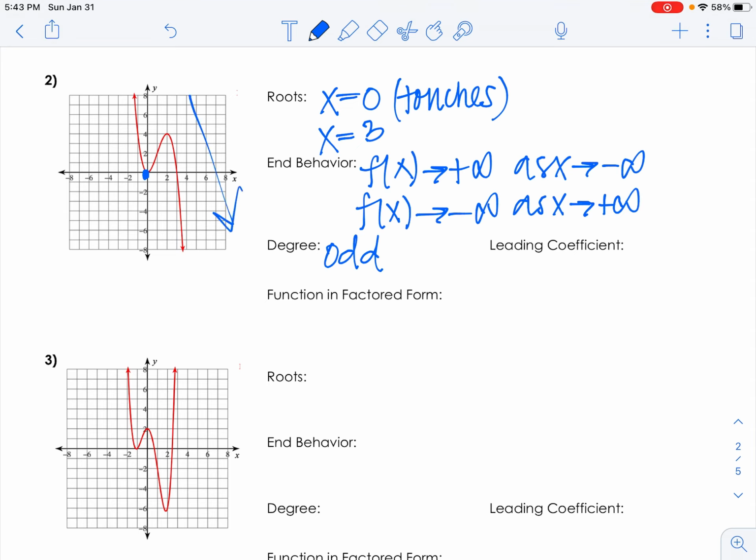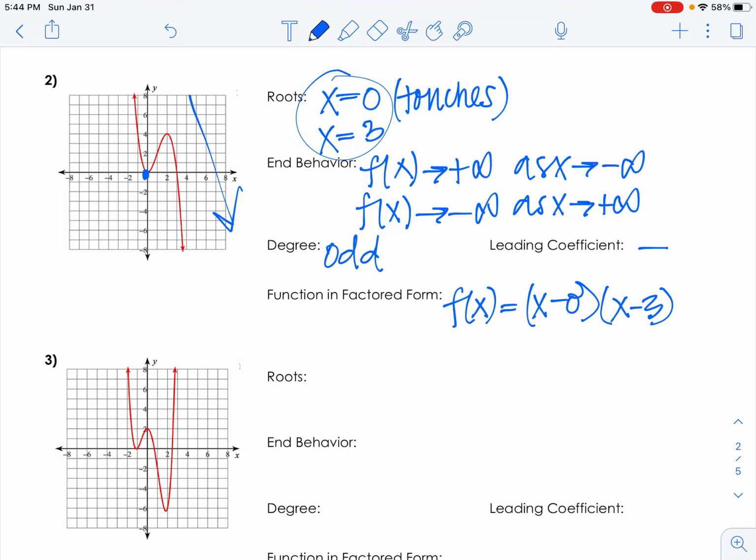And my leading coefficient, because I head down, must be negative. So now when I write this in factored form, I know I have x minus 0, let's say, and x minus 3, based on my roots from up here. Now in order to get an odd degree, right now I only have 2 x's.